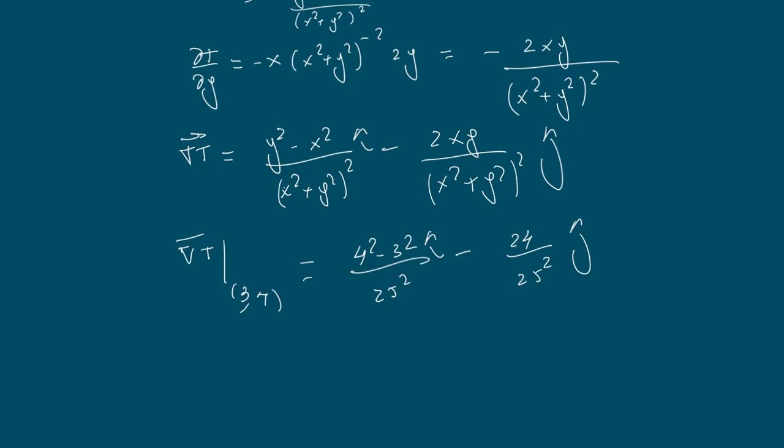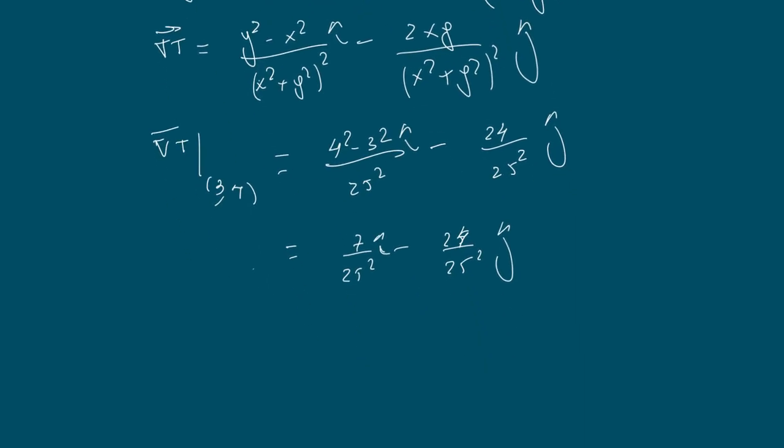So this is the value of the gradient of T, but the direction in the vector that is in the direction of the gradient of T, well, let's simplify a little bit before going ahead. It will be 16 minus 9, which is 7, divided by 25 squared, minus 24 divided by 25 squared j.